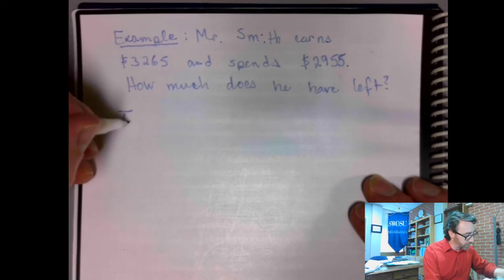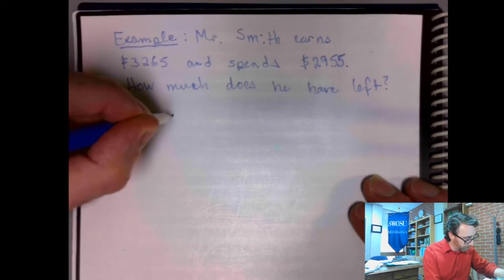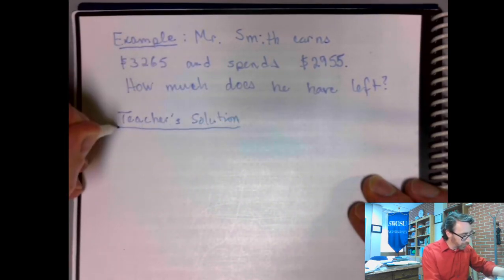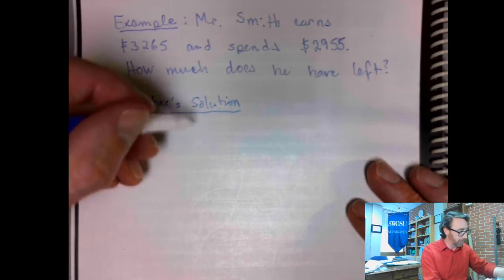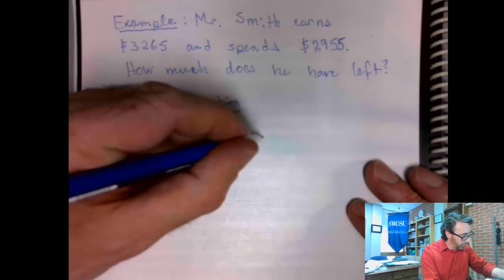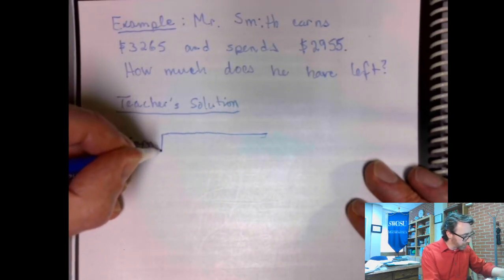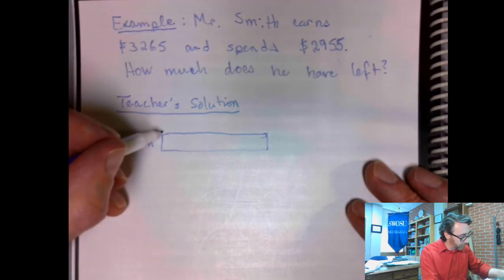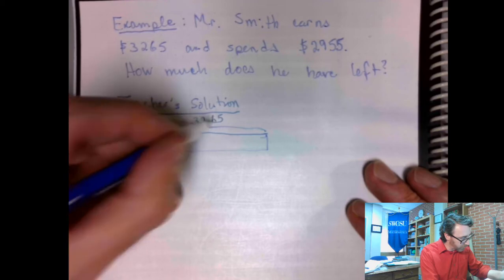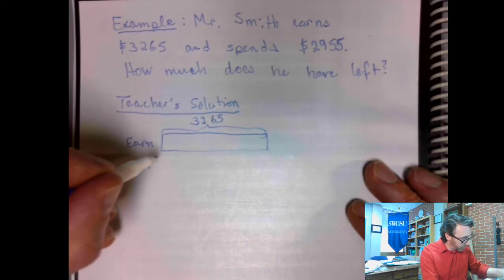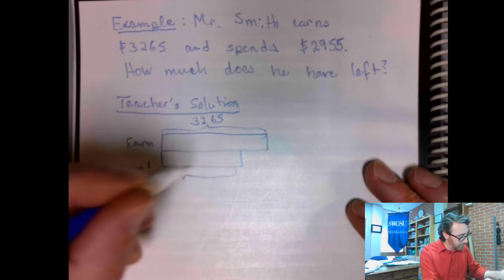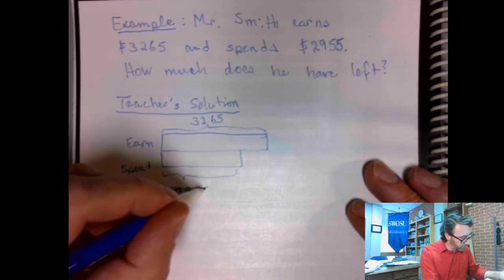Let's write out our teacher's solution. So remember, what we want to see is a bar diagram, a computation, and a sentence. So this bar is going to represent how much he earned, and that's 3,265. We'll have a second bar right underneath it indicating how much he spent, 2,955.